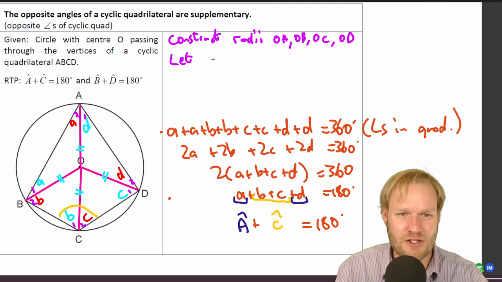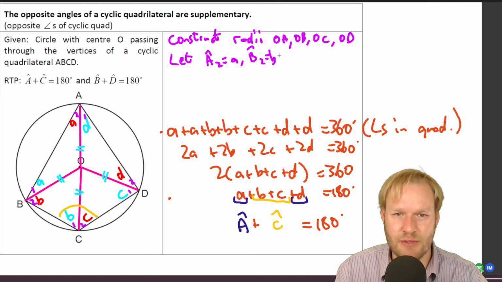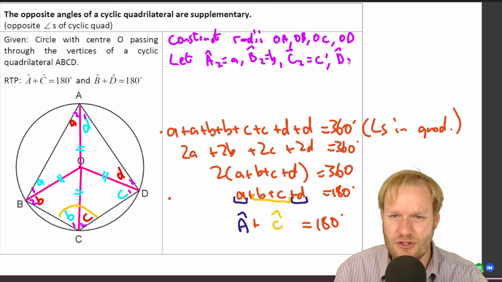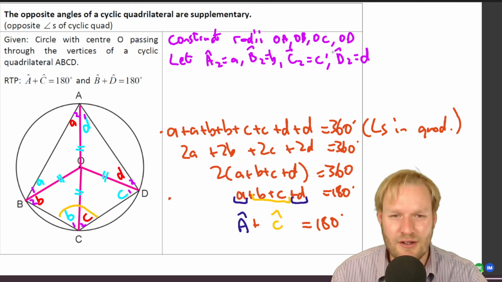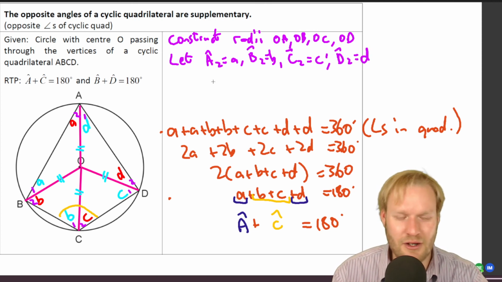So let A2, we started with those, equal A, and then all of those. So B2 equals B, C2 equals C, and D2 equals D. Feels a little long-winded, but okay.